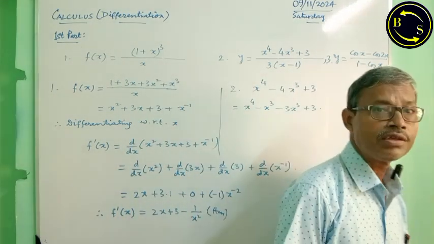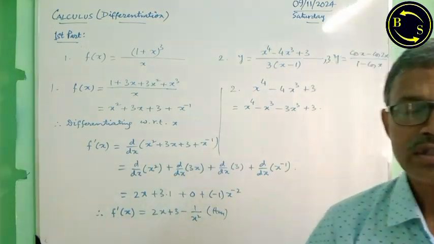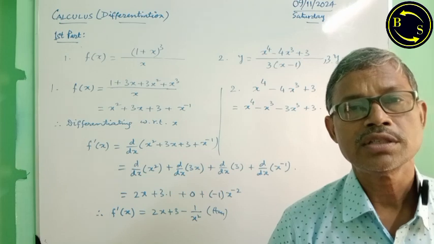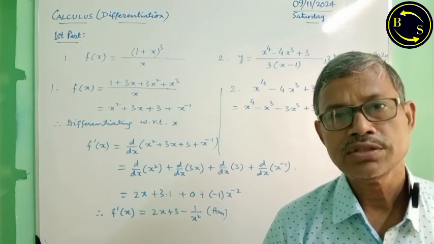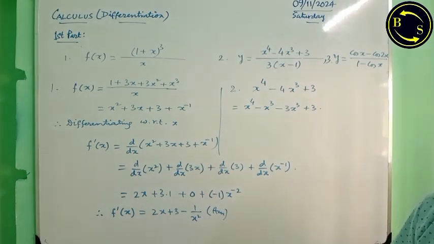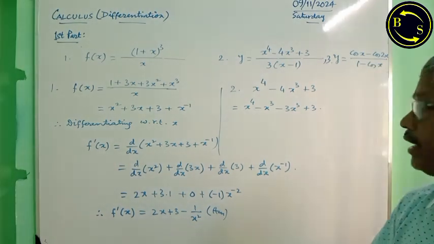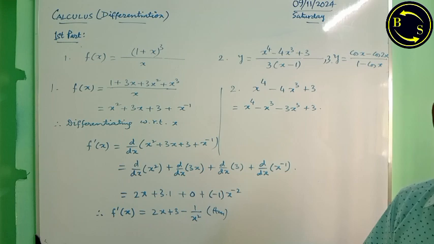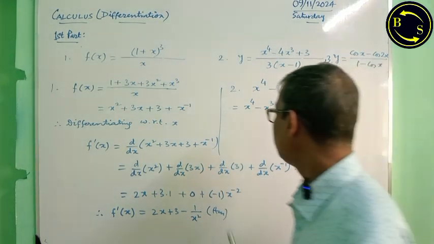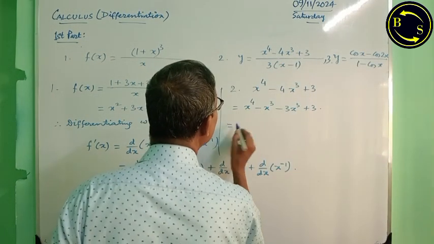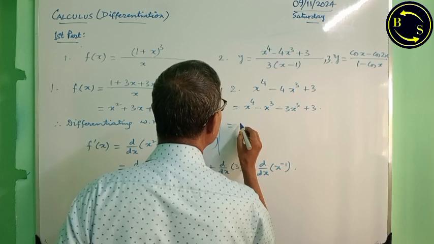Already you have learned in the lower classes, that is 8, 9, 10 classes, how to factorize the given expression. Here you can apply the vanishing method also. I have arranged the expression like this and factorize.